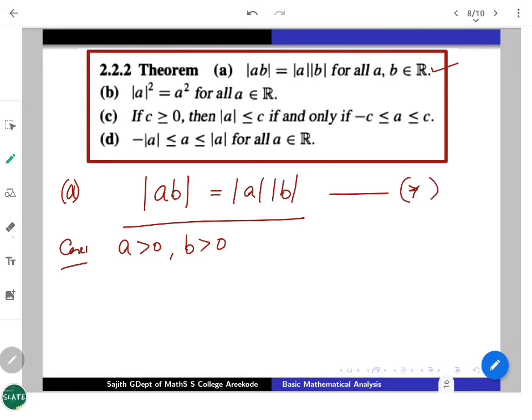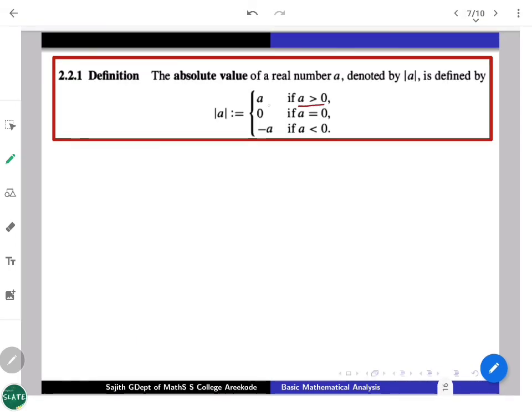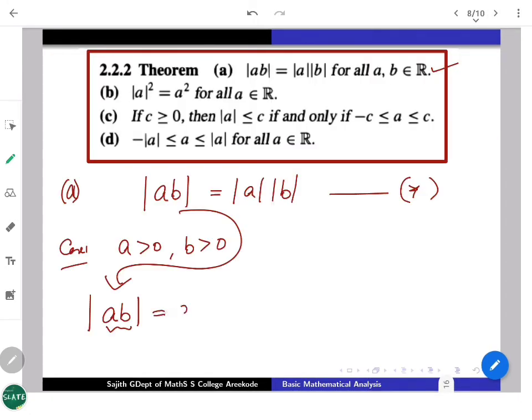I wanted to prove that. Now if a and b are both positive, look at the left hand side. Then ab you are finding. Both are positive means ab is also positive. So look at the definition. What about mod ab? It is a positive real number. My definition is nothing other than that if a number is positive, modulus is again the same. So just use that. So mod ab has to be defined as ab itself. But what happens on the right hand side? Mod a has to be written as a itself because a is positive.